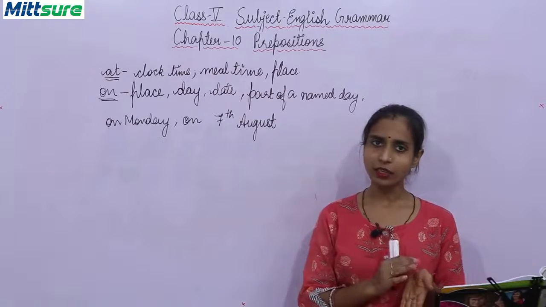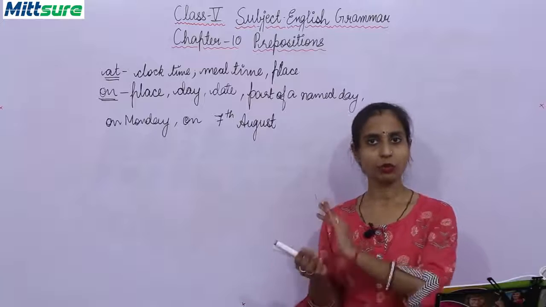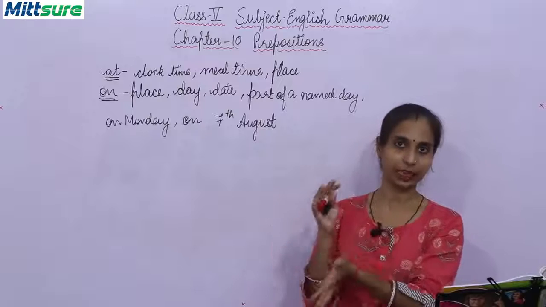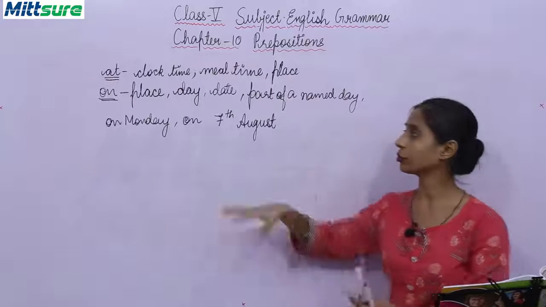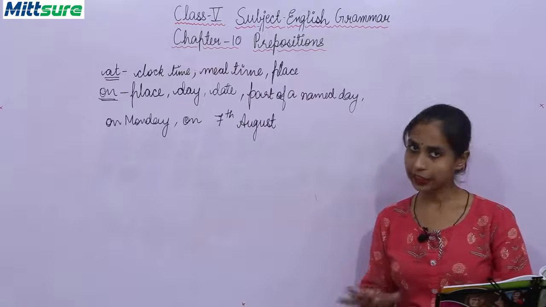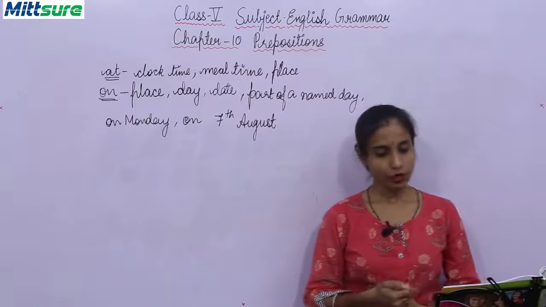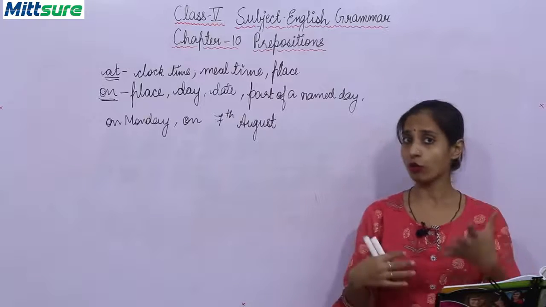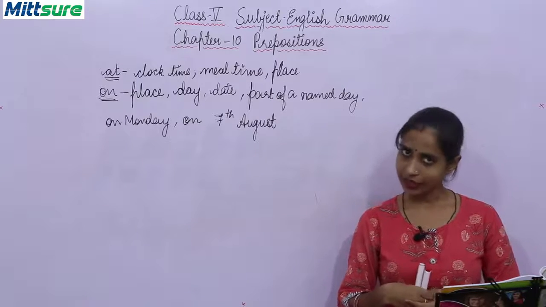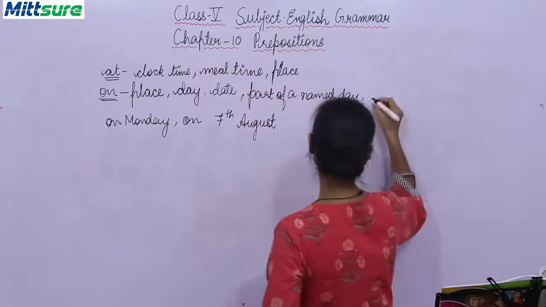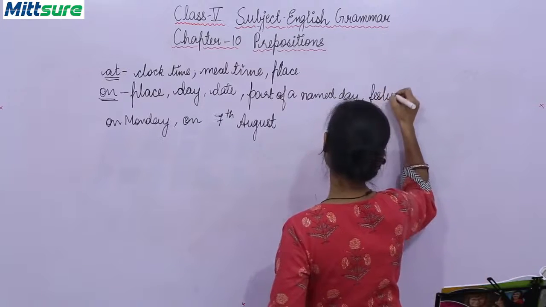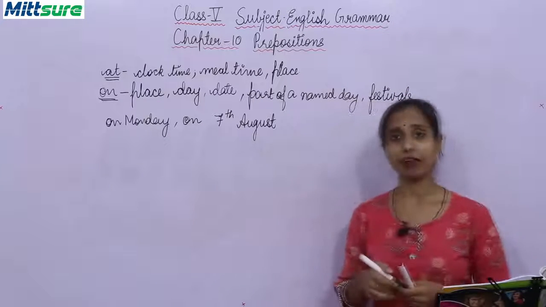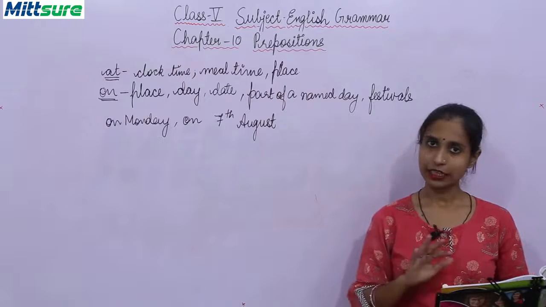When you are referring to a part of a named day, then also you are going to use "on". Clear? Then festival, on Diwali, on Holi. In front of festivals also you are going to write "on". On Diwali, like that. Clear?